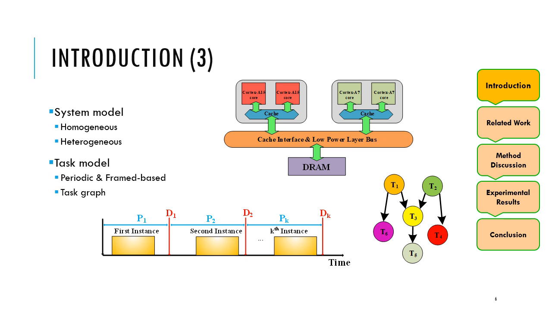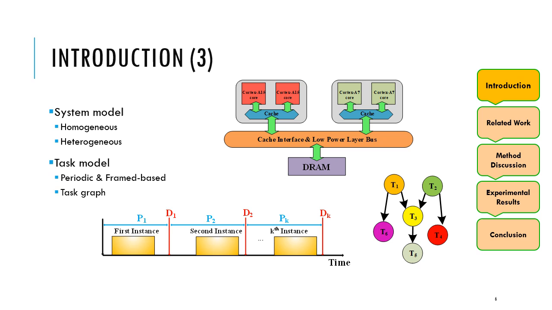For example, the ARM Big Little is a heterogeneous system that consists of Cortex-A7 core as a low power core and Cortex-A15 core as a high performance core. Another assumption is about the task model. Tasks can be in graph-based or periodic.